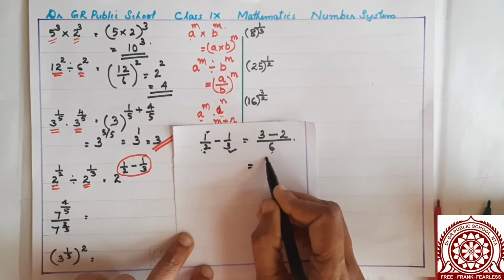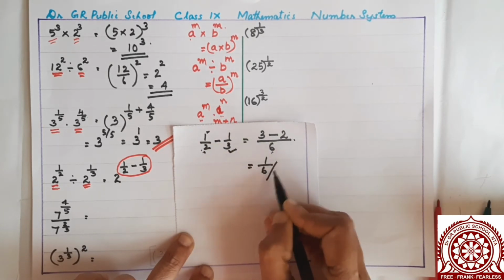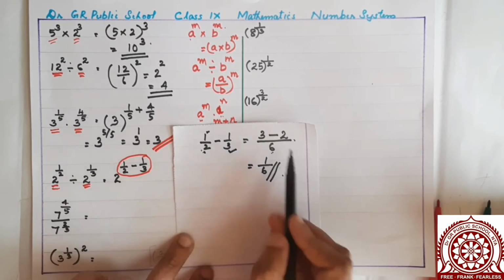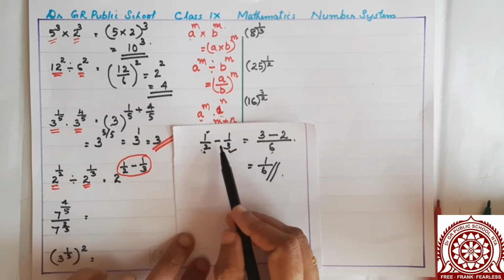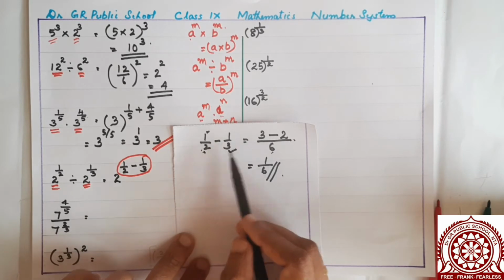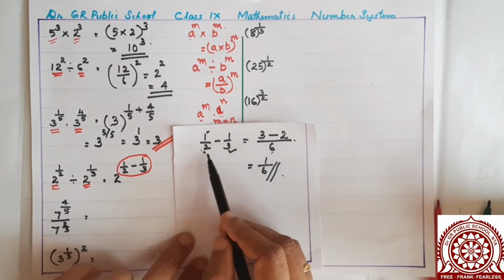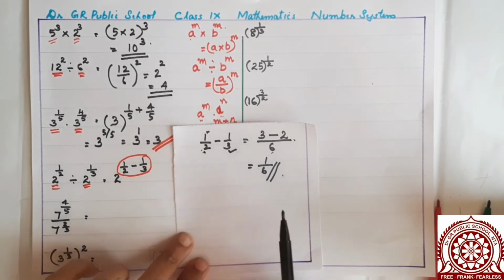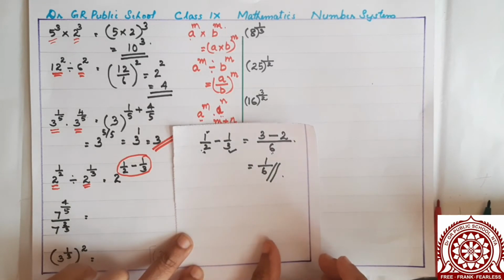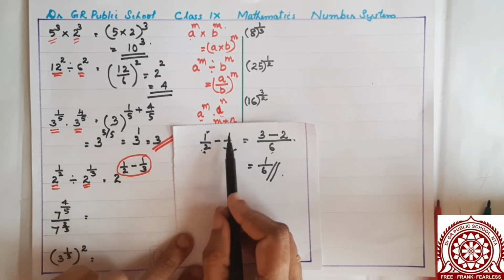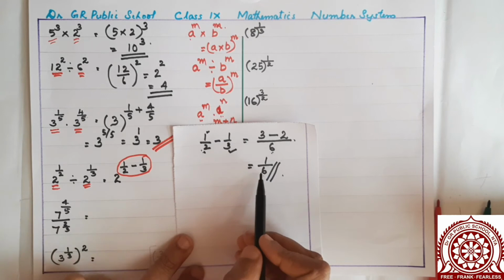So what is it? 1 by 6. I don't want to explain all this because you have studied in so many lower classes how to take the LCM and how to simplify this type of question. So 1 by 2 minus 1 by 3, we are getting 1 by 6.